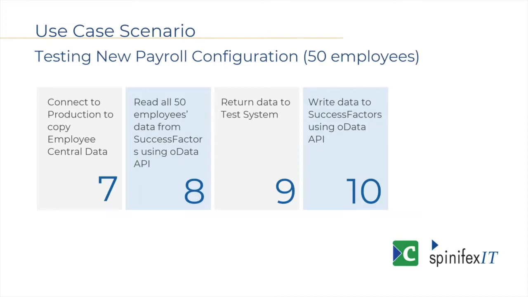If the customer is also using Employee Central, the tool will use SuccessFactors OData APIs to perform these additional steps, connecting to the production version of Employee Central, pulling and scrambling the data for the identified employees, and writing the data to the test instance of Employee Central.